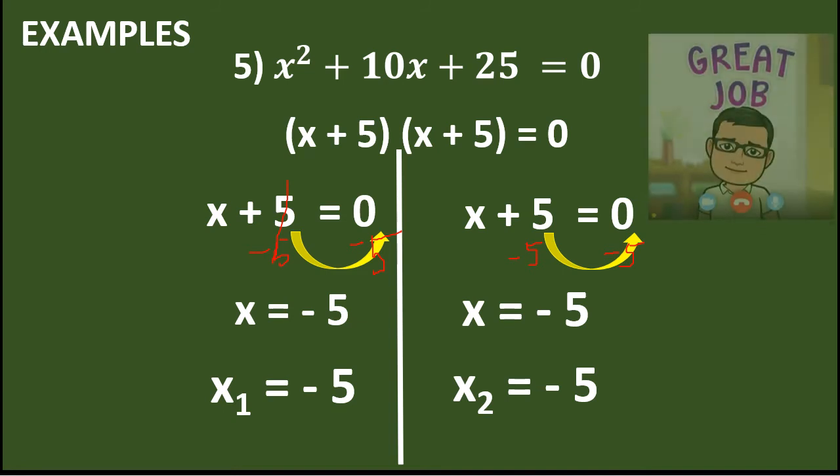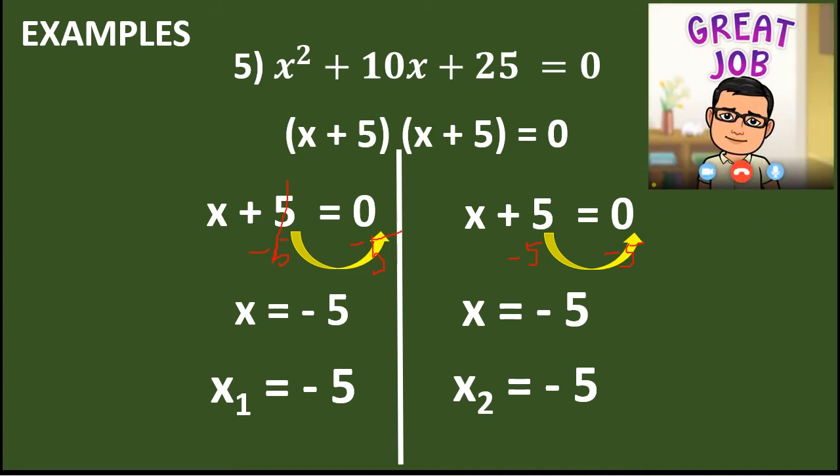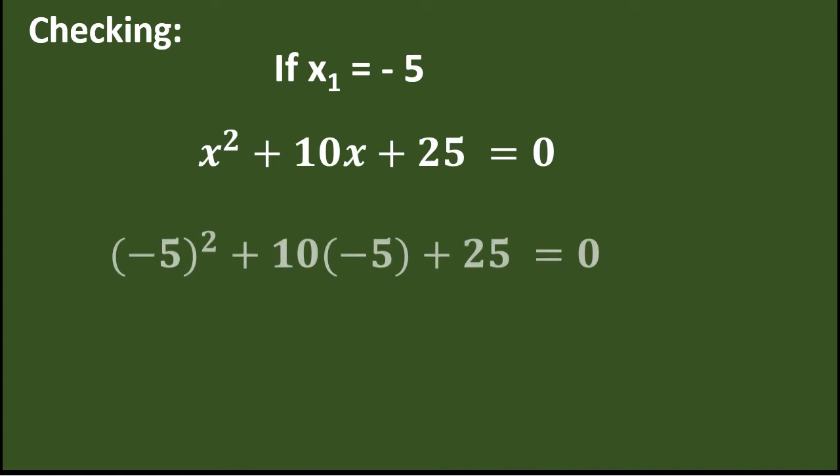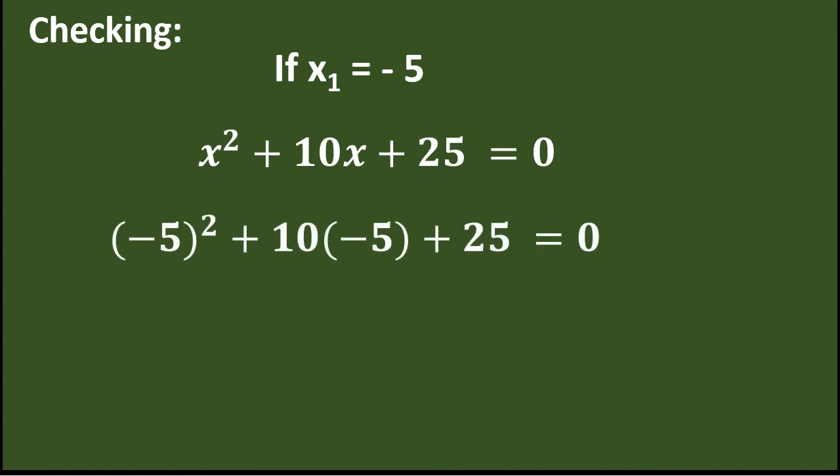We have negative 5. So if we are going to check, we can only use negative 5. Again, by checking, all you have to do is substitute negative 5 for x. It will become the quantity negative 5 squared plus 10 times negative 5 plus 25 equals 0. So negative 5 times negative 5 is positive 25. 10 times negative 5 is negative 50.